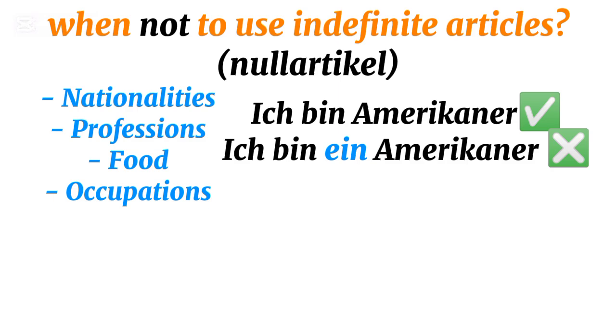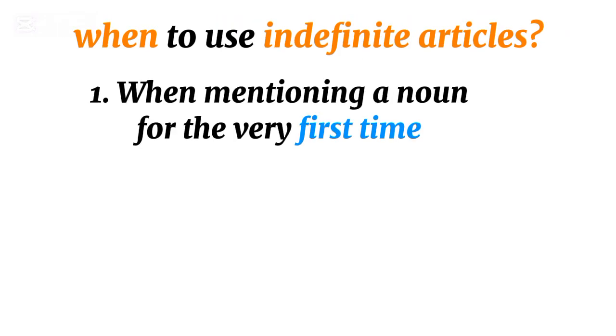Now, this brings us to a very important question. When do we use indefinite articles? It is used when we are mentioning a noun for the very first time. Okay? Maybe we just say, this is a book.